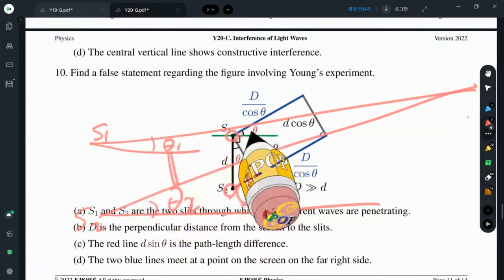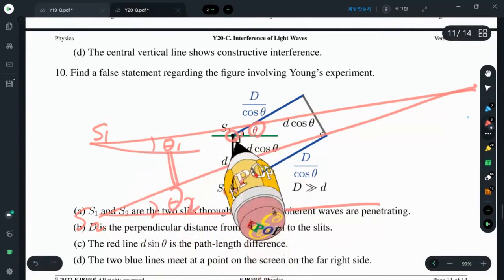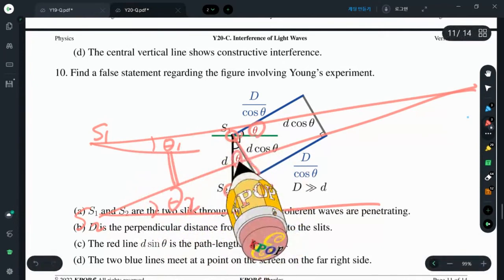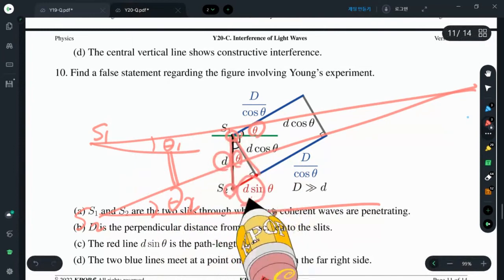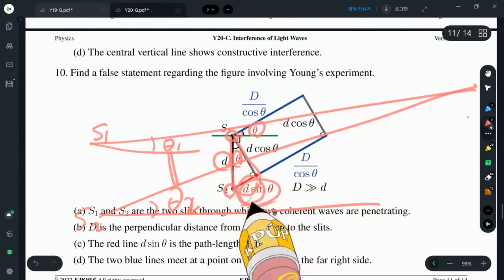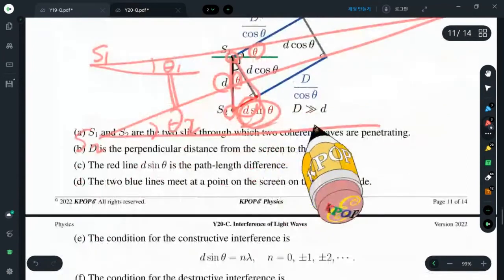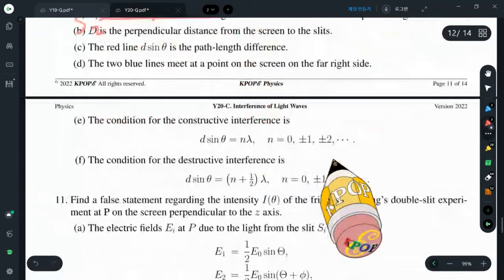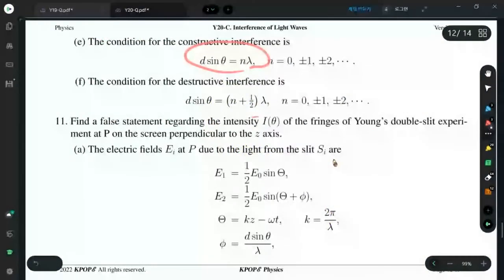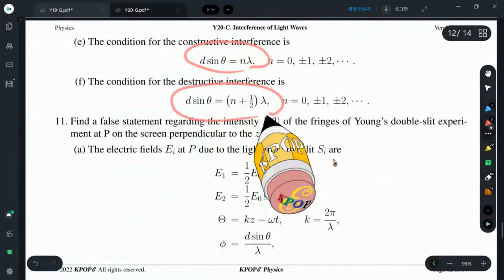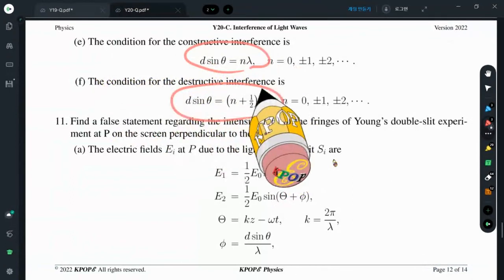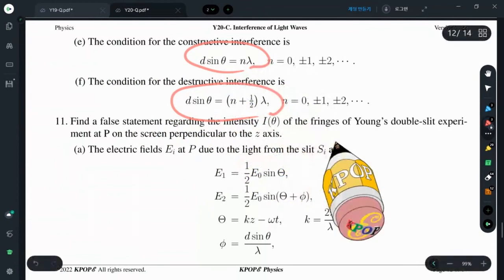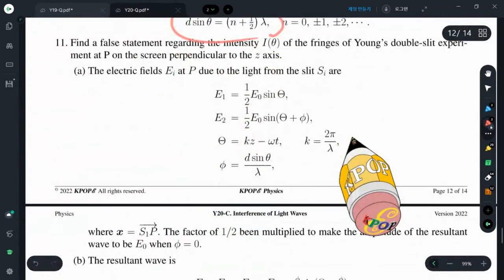And this angle is identical to that angle. Because the separation of the two slits is a small d, the path length difference is d sine theta. Using that relation, we can find the points at which constructive and destructive interference appear. The relations are identical to each other.